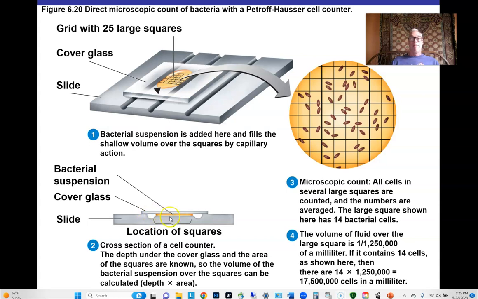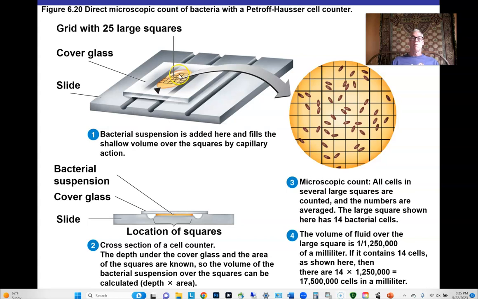They're hollow, and there's a mesa, tabletop-like polished surface on the glass that is somewhat lower than the outer shoulders, and we can lay a glass cover slip across the 2 high points, and there'll be a little thin space in between there, and the space in between there is exactly known.